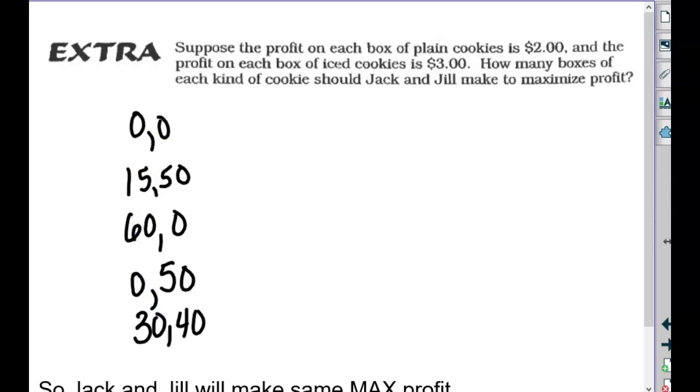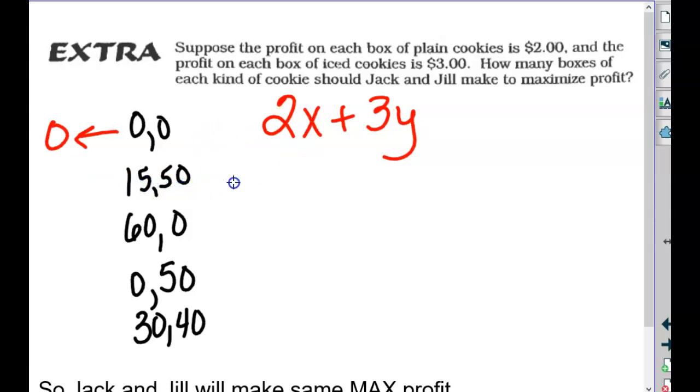Oh my goodness. Okay. Then you have to take the profit. It says the profit is 2 per box of plain plus 3 per box of iced. If they make 0 cookies, what profit are they going to make? Nothing. If they make 15 of this and 50 of these, they will make 30 and 150, $180.